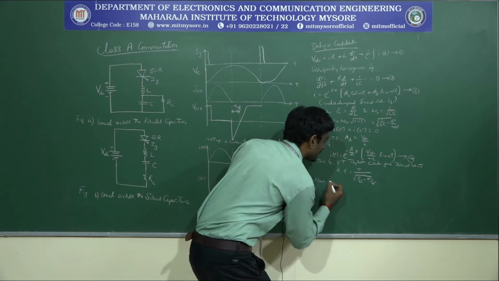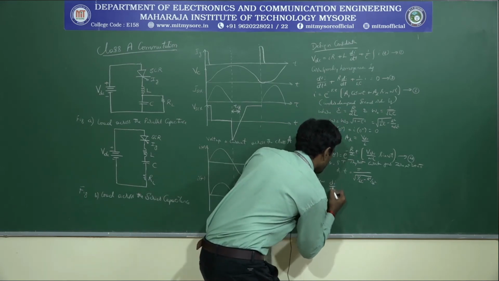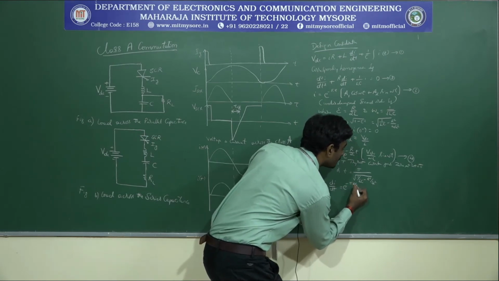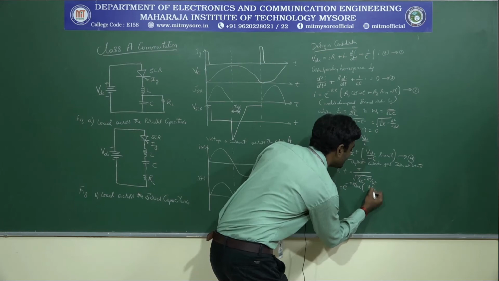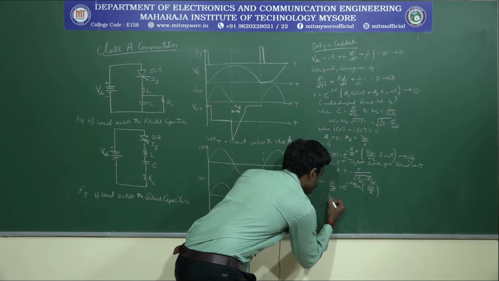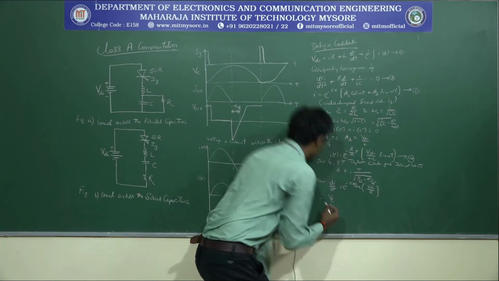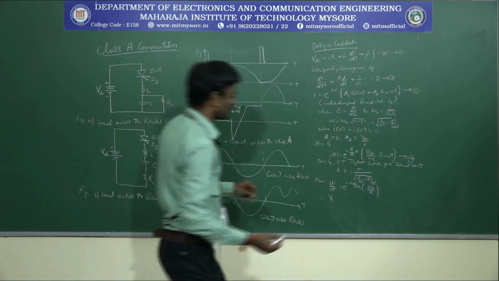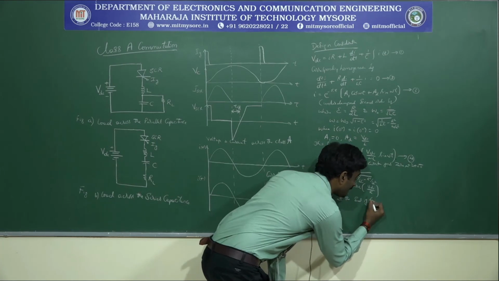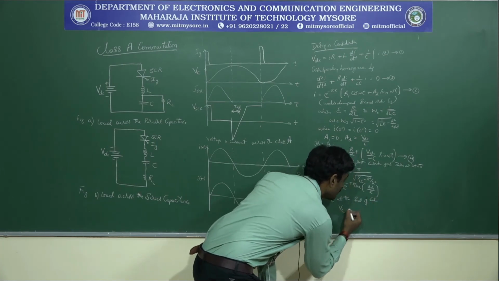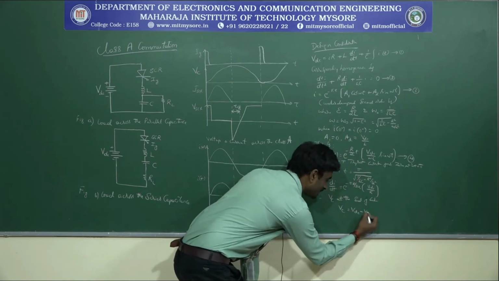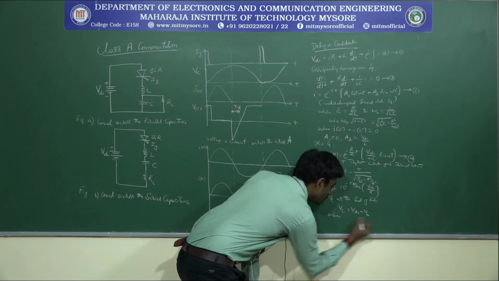Now with respect to this condition, I can write di by dt equal to e to the power of minus pi R divided by 2 omega L, into VDC divided by L. This will be another equation. Therefore, the capacitor voltage at the end of conduction is VC equal to VDC minus VL, where VL is the load voltage.